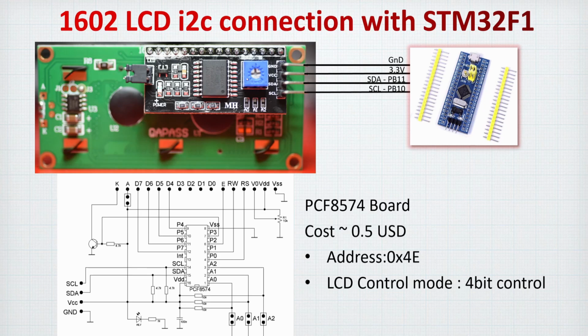To understand much better how this communication works, you will need to review the previous tutorial to have a better idea how the 4-bit communication works. And finally, it's a 2.3 to 5.5 volt operation, so it can work either for Arduino or for the STM32F1.